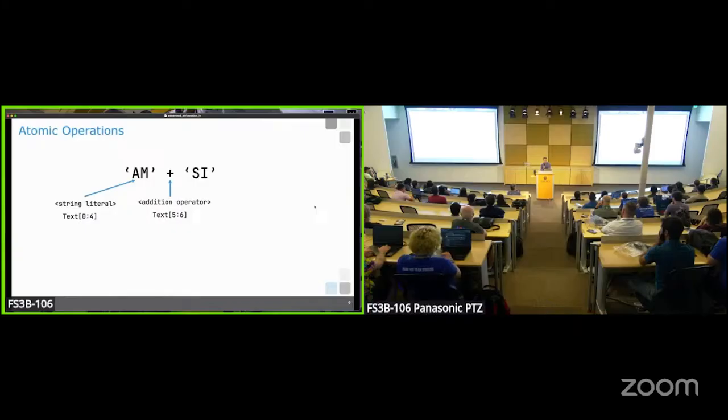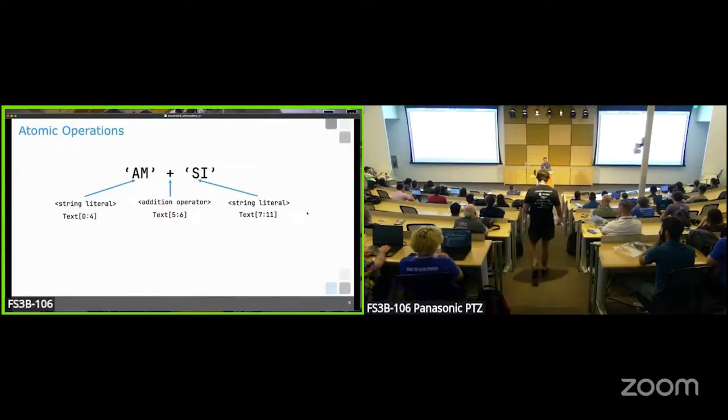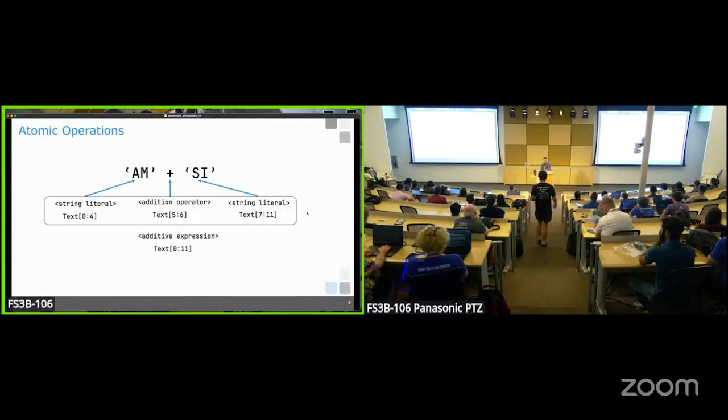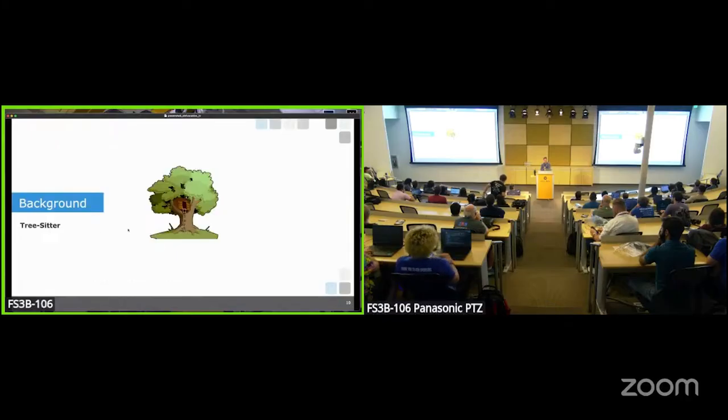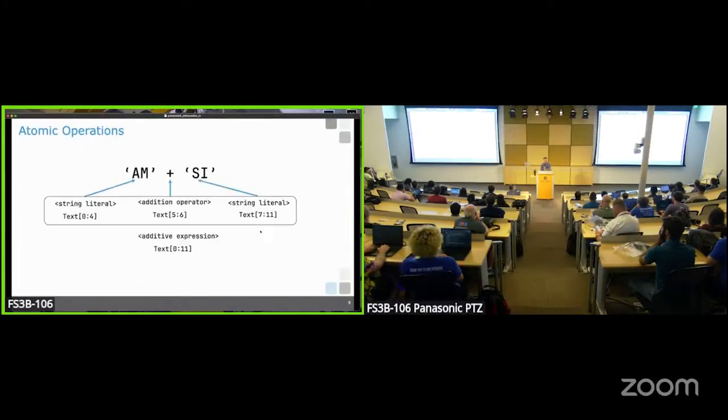You need to know that this is an addition operator occupying bytes 5 through 6. And you need to know that this is another string literal occupying bytes 7 through 11. And finally, you need to know that all of these together are forming an additive expression occupying the range 0 through 11.